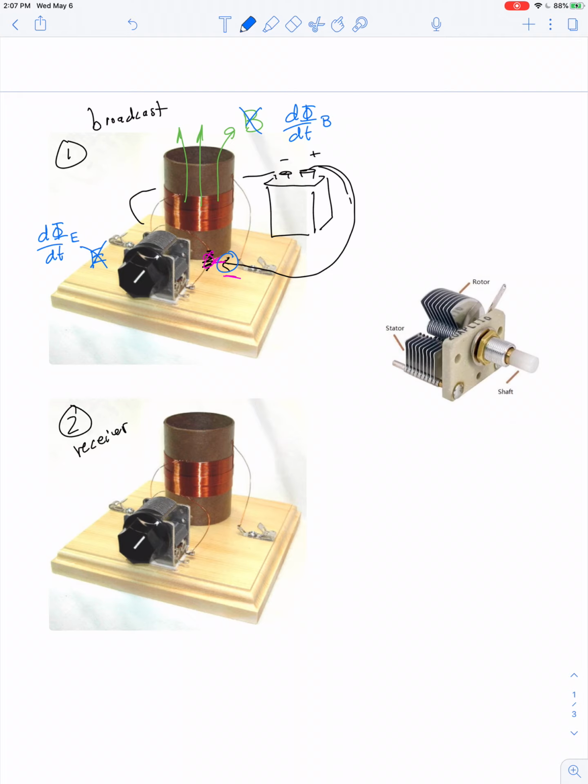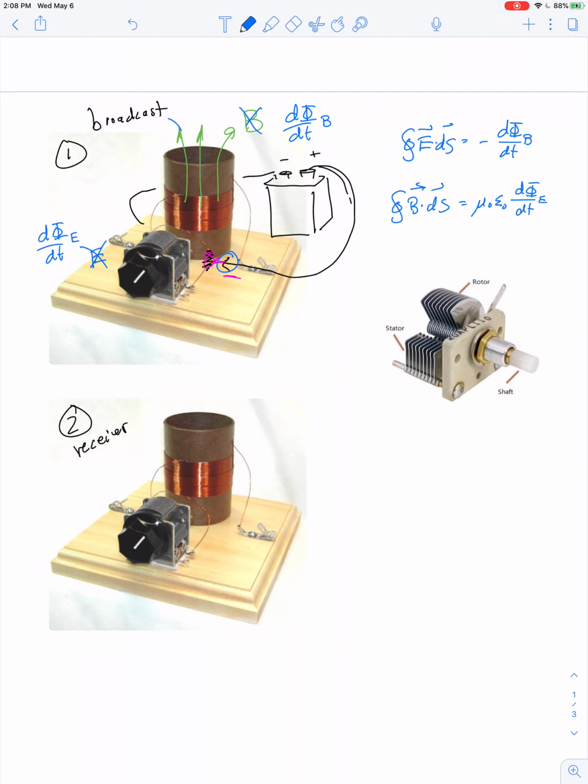So if we look at Faraday's law, the integral of E dot ds is equal to negative d phi magnetic dt, and the full version of Ampere's law says the integral of B dot ds is equal to, in the absence of conduction current, where all you have is displacement current, mu naught times epsilon naught times the rate of change of electric flux.